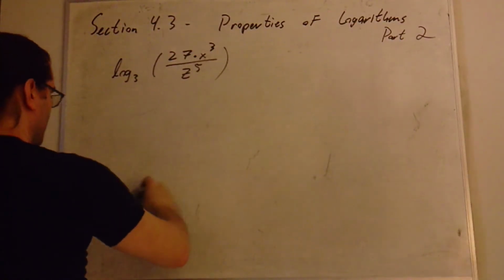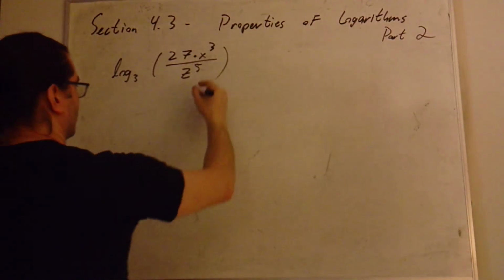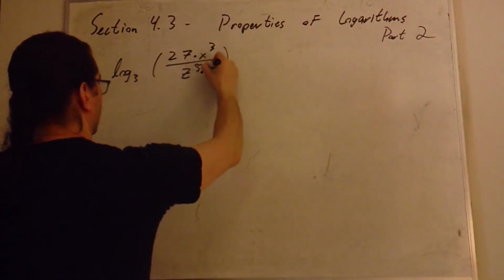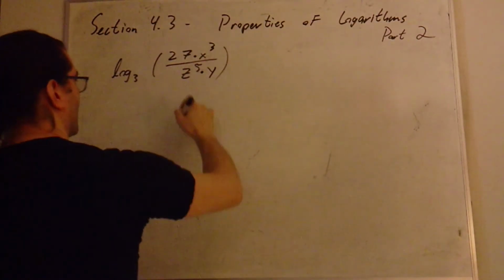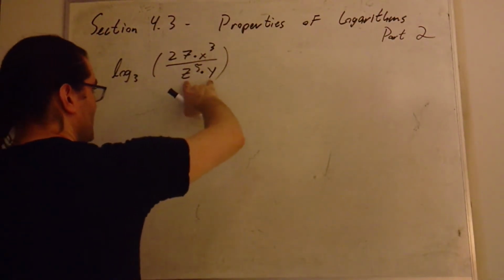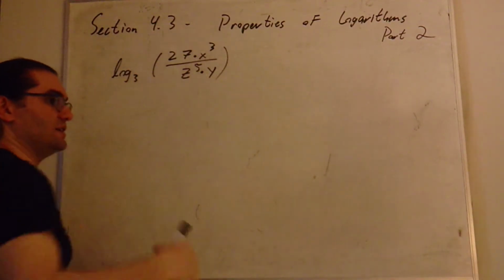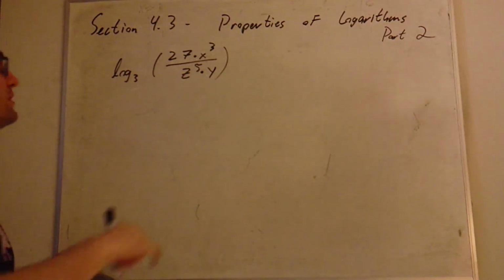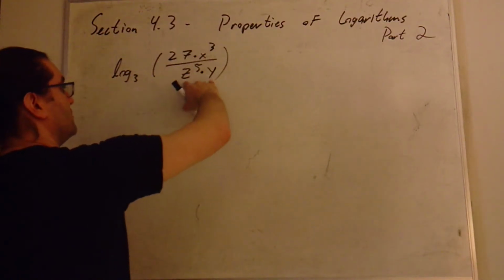One thing I want to mention quickly about expanding is that if there's a second piece down here, like a y, both the z piece and the y piece need to be subtracted because they're both dividing.